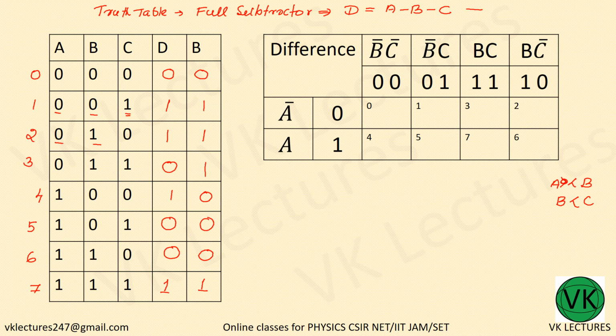Now for the difference, this is the K-map for difference. So you have 1s at 1, 2, 4 and 7.